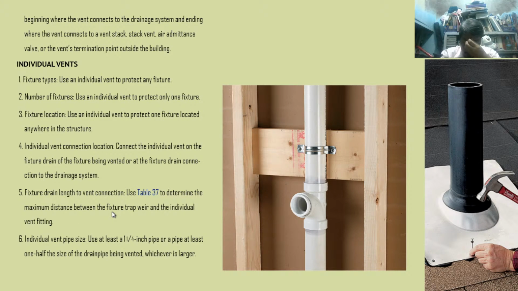So the maximum distance is pipe diameter times 4, between the fixture trap weir and individual vent fitting. And number 6, individual vent pipe size: use at least 1 1/4, so it is the minimum, or a pipe at least 1/2 the size of the drainage pipe being vented, whichever is larger.